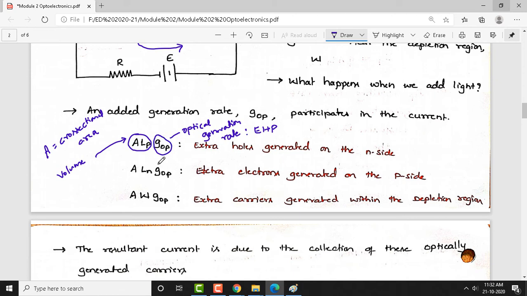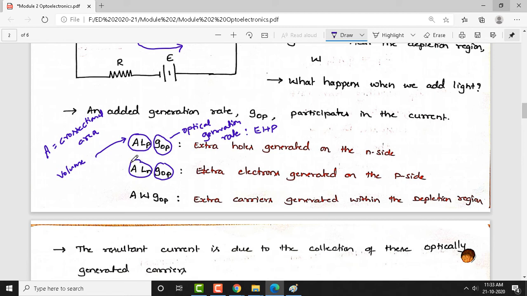Similarly, you can also obtain the electron generation rate on the P side, just by multiplying this volume with the optical generation rate. That gives us the extra electrons generated on the P side. So, Ln corresponds to the P side, and A is nothing but the area of cross section of the P region.